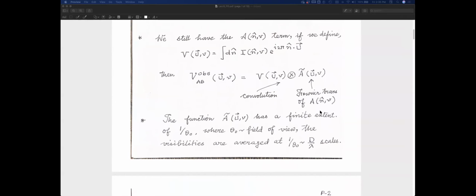Okay, what is the meaning of this? It means that this function, which is the Fourier transform of the antenna beam pattern, because the antenna beam pattern has a finite extent, will also have a finite extent.